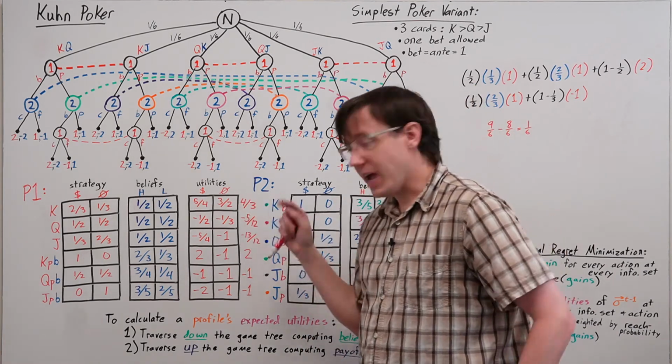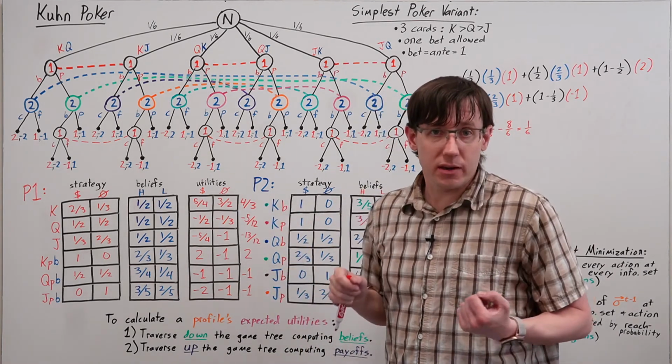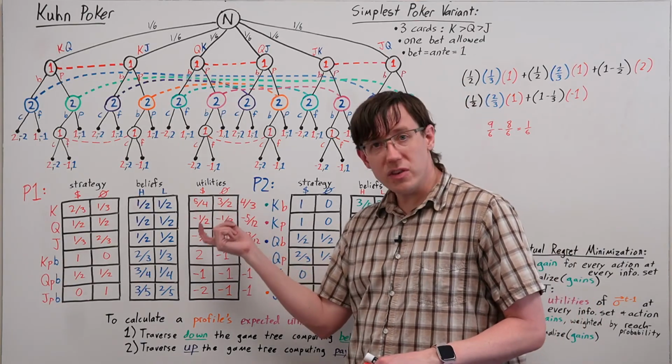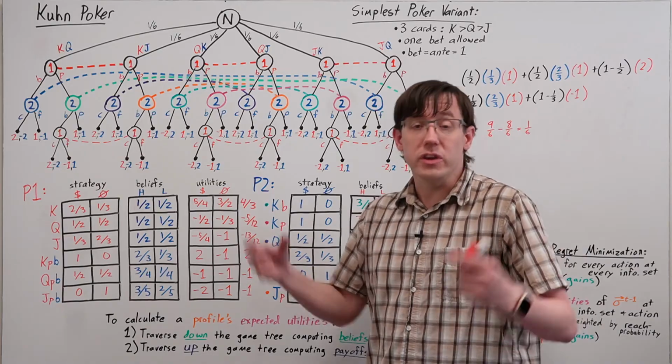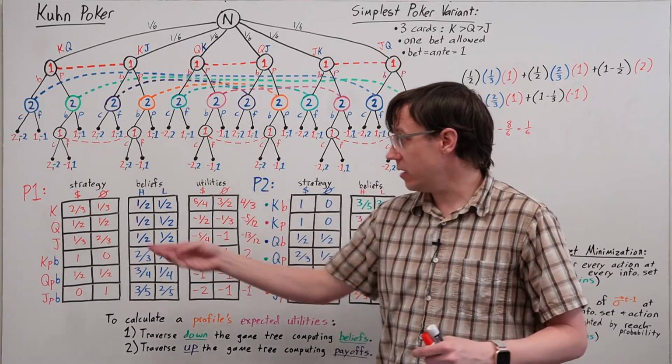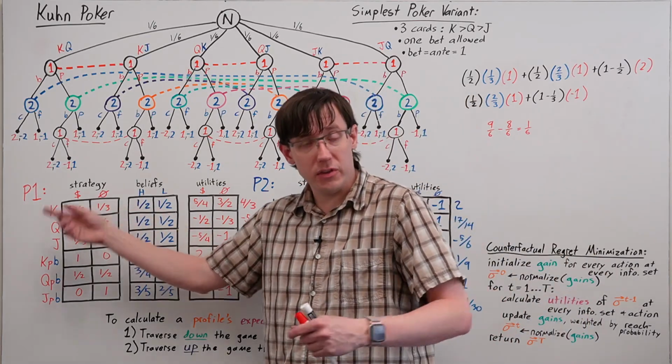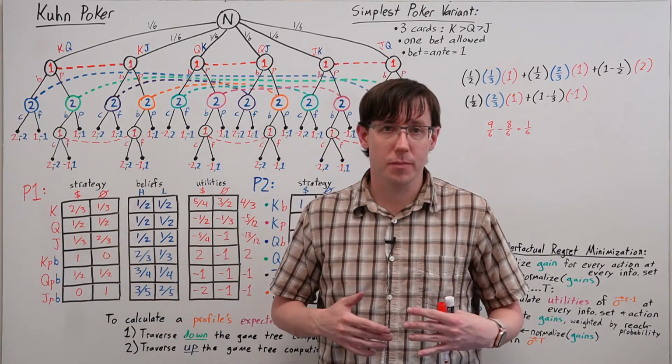And so the pass action would have a gain of 1/6. And so these gains of 0 and 1/6 would be added to the cumulative gains that we have for these actions at this information set up to now.